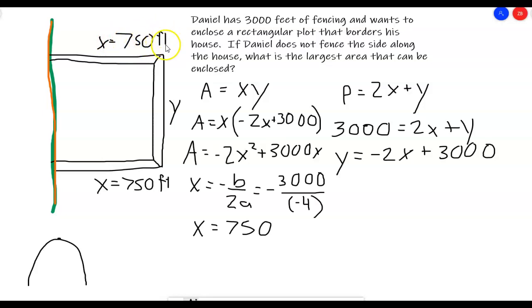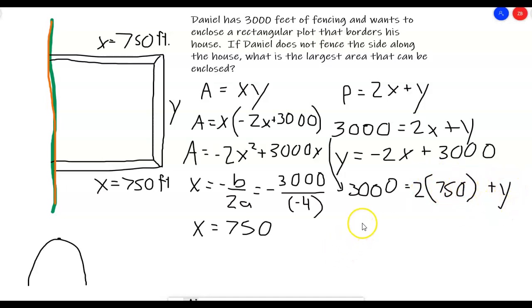And now I need to find my y value. In order to find it, I can plug this x value into any of these formulas that have both the x and the y. So I'm going to take this one down here and say 3,000 is equal to 2 times 750 plus y.